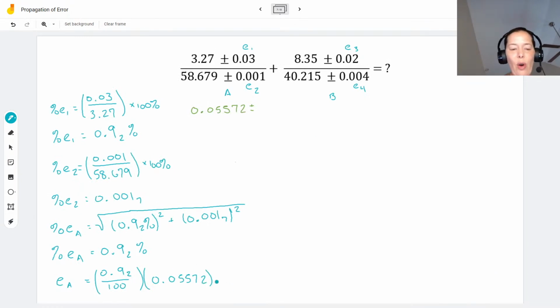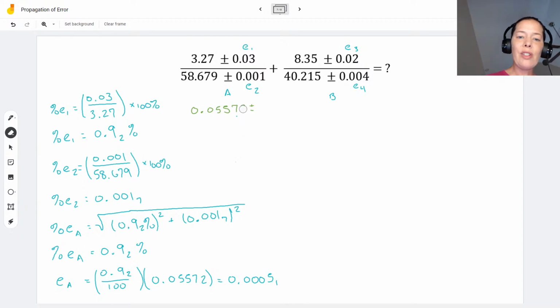So the error associated with term A, let me find that number. Again, it's got quite a few zeros in front of it, is right there. Where I'm going to round is to 1, 2, 3, 4 decimal places, which means I want to round to that 7.